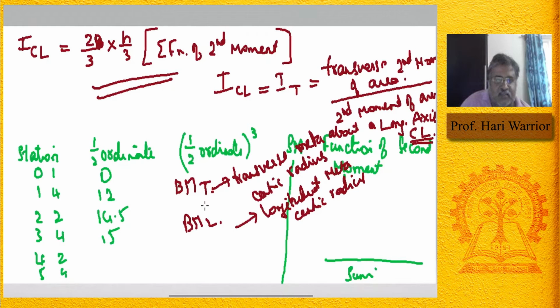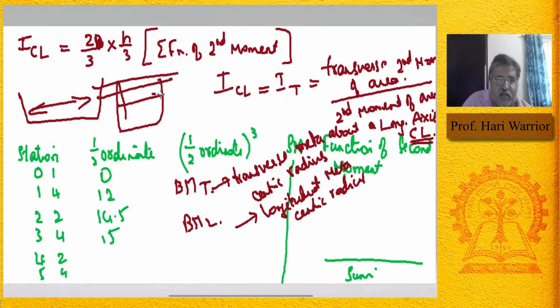So basically the difference is like this. If you see a ship like this, these kind of distances are talked about as longitudinal. Its cross section you'll have like this, and these kind of distances are what we talk about as the transverse.